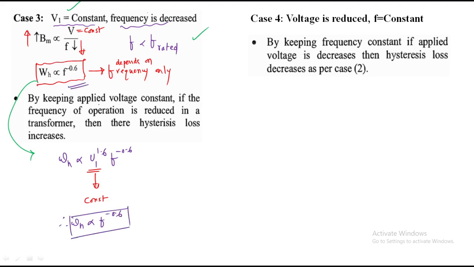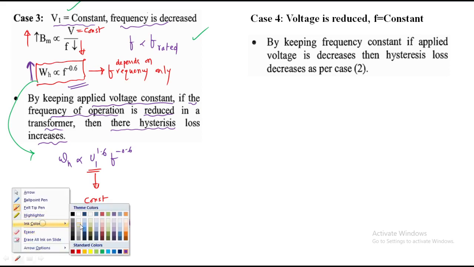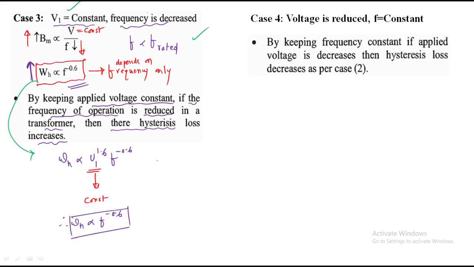So by keeping the applied voltage constant, if the frequency of operation in a transformer is reduced, then the hysteresis loss increases. Now consider V equals V rated, F less than F rated: hysteresis loss increases.